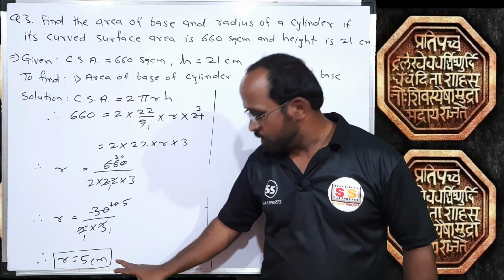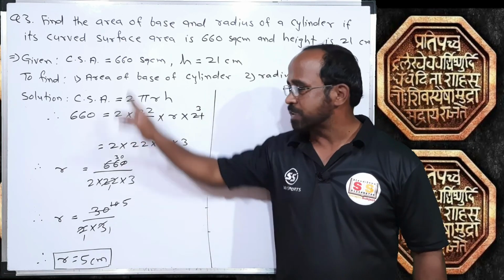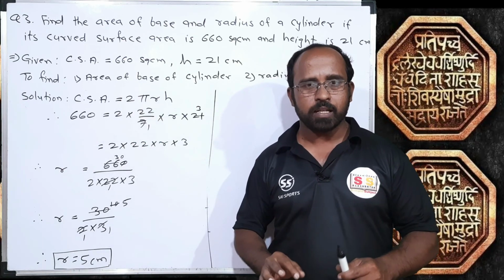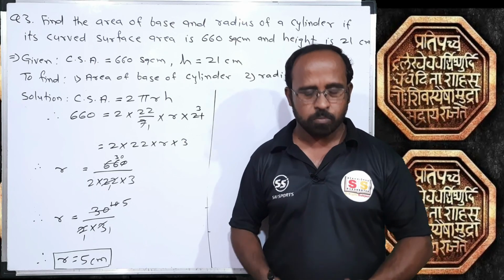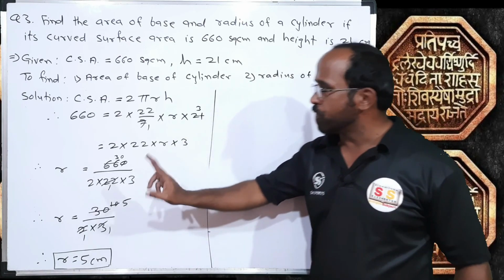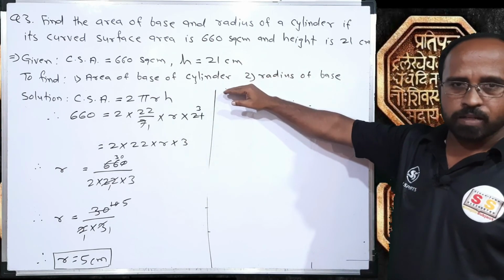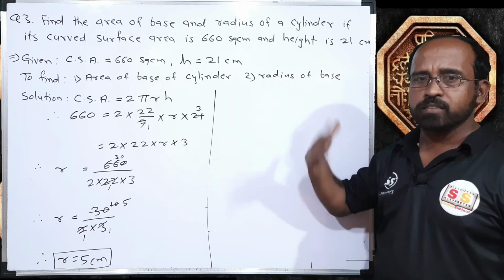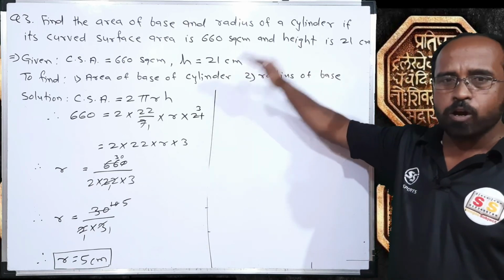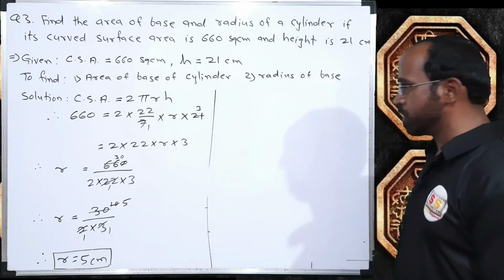So students, we have found r, radius of cylinder. Radius of cylinder is nothing but radius of base, that means the same radius all over the cylinder. So based on this radius we can find out area of base of the cylinder, which is circular. As it is a circle, we have to find out area of circle, whose radius is equal to 5 centimeters.